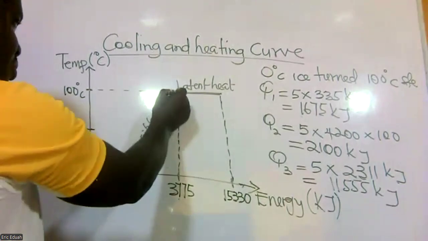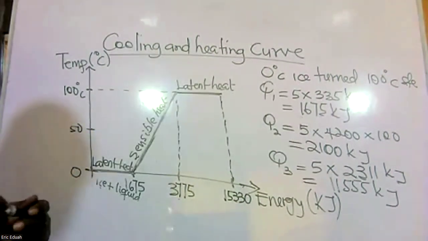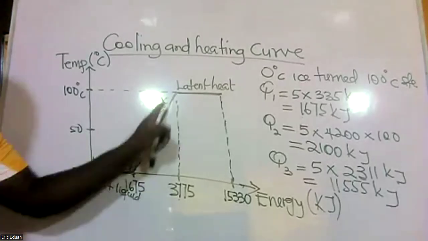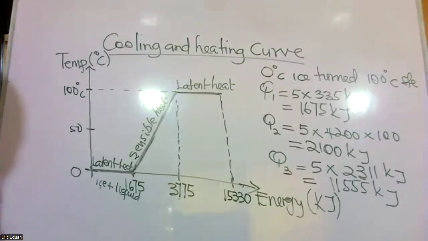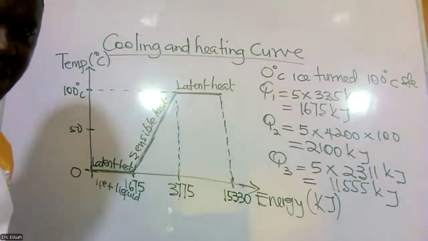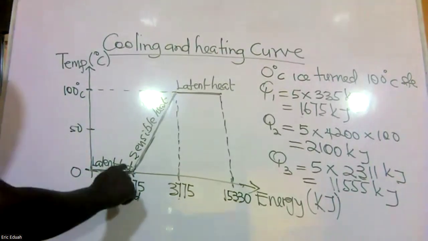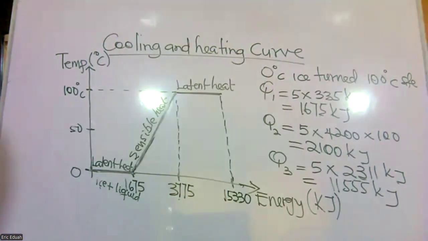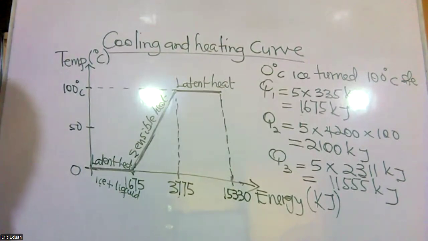What do you think we will have along this path where we have sensible heat? What will be the state of the substance here from 0 to 100? Anybody to share the state with us? No response from you.